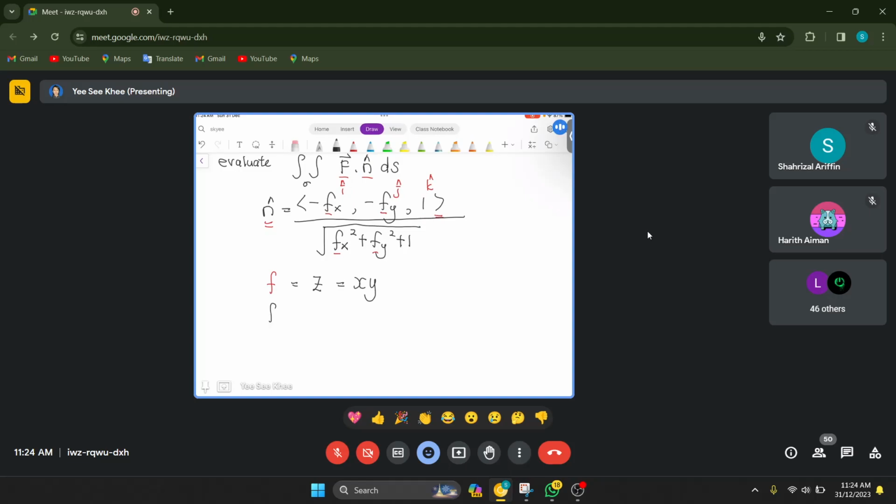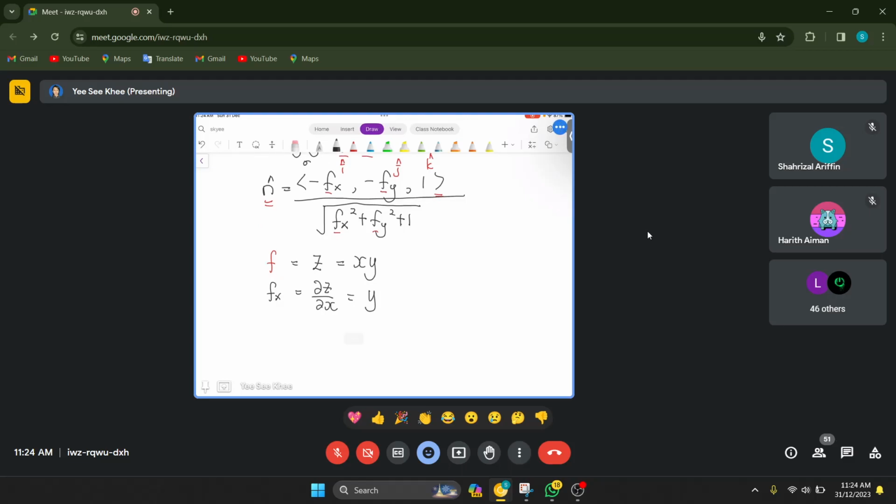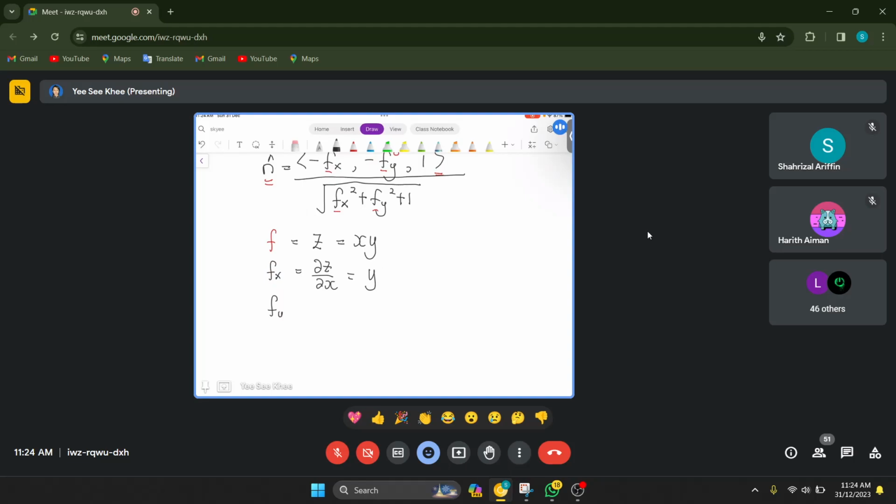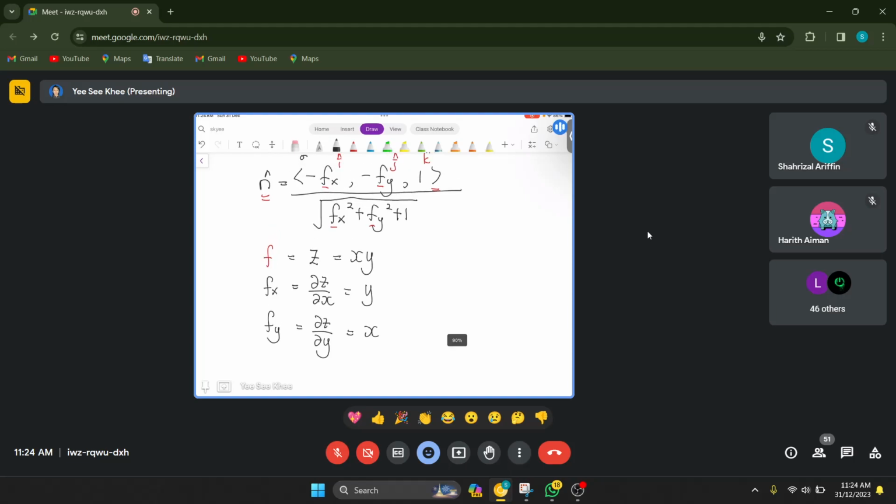When we want to find fx, we are doing del z del x, which gives you y. And fy equals del z del y, which is equal to x. Why do I need to find fx and fy? Because they are required over here.